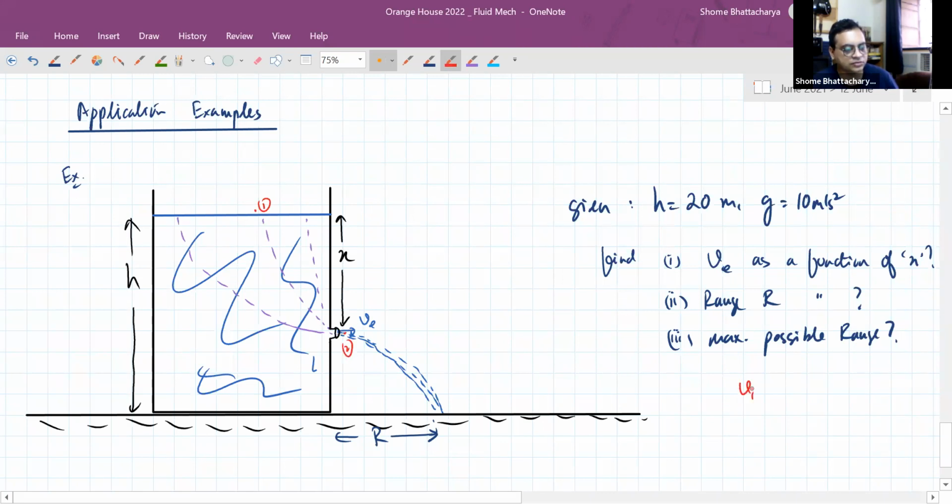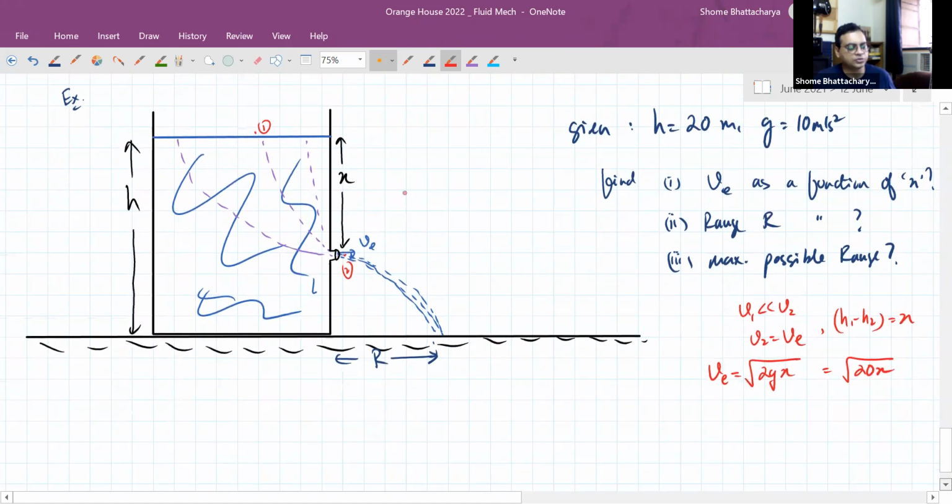So V1 is very small compared to V2, and V2 is equal to the speed of efflux. This time you take H1 minus H2 as x. You will get that the efflux speed is square root of 2gx, or in this case, square root of 20x, because we are taking g as 10.